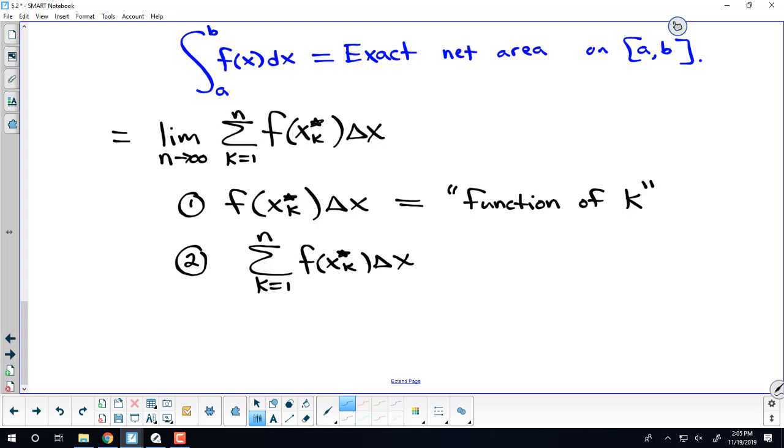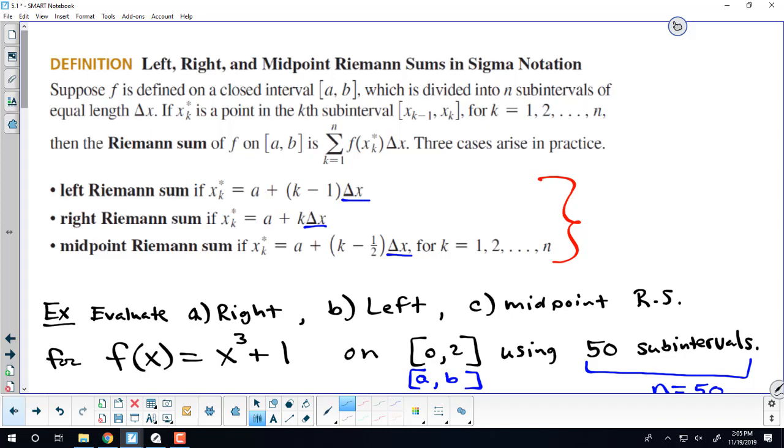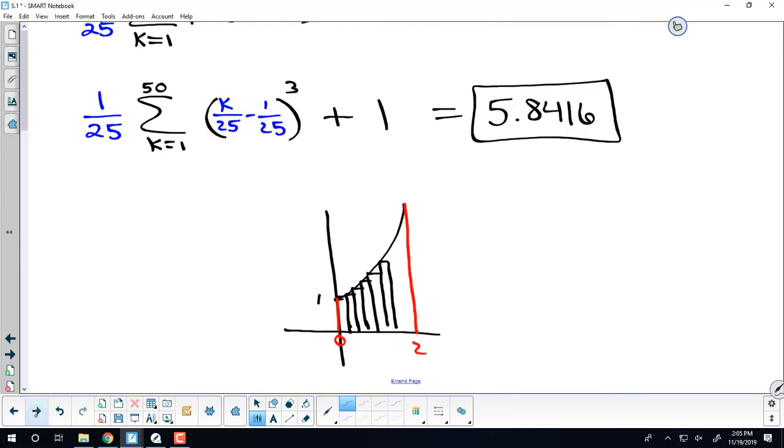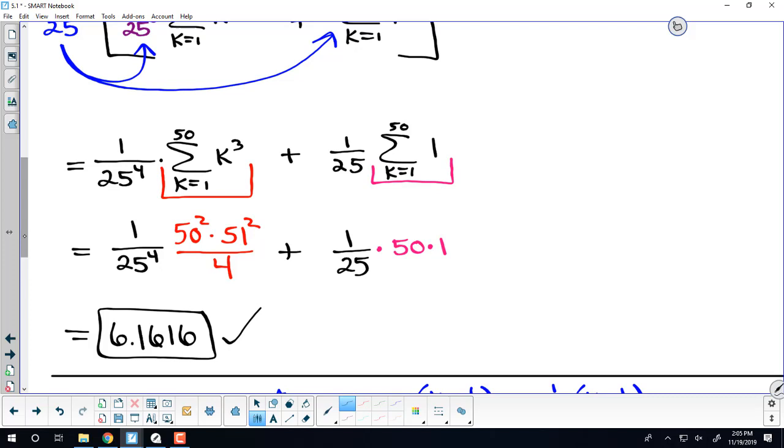Or is it a function of something else now, once we apply the sum to it? I think it was on the next page here. So in this example, when we had a function of k in front of the summation, and then we applied the summation to that, it turned into this thing here, right?